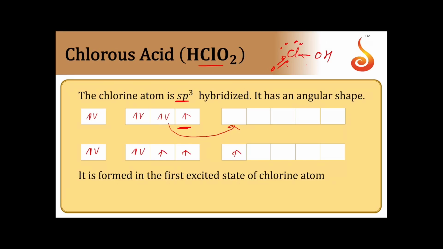Now we have three unpaired electrons, therefore it forms three covalent bonds, as in the case of HClO2. So HClO2 forms in the first excited state of the chlorine atom.